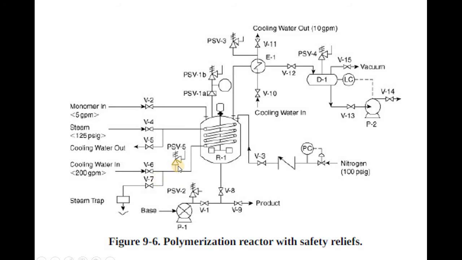So what we are saying simply is that there could be a problem with that cooling water. Now, it's not only the vessel is going to be heating or there's going to be a runaway reaction. It could be because now this is going to be heated up by steam. There's no cooling in this place here.